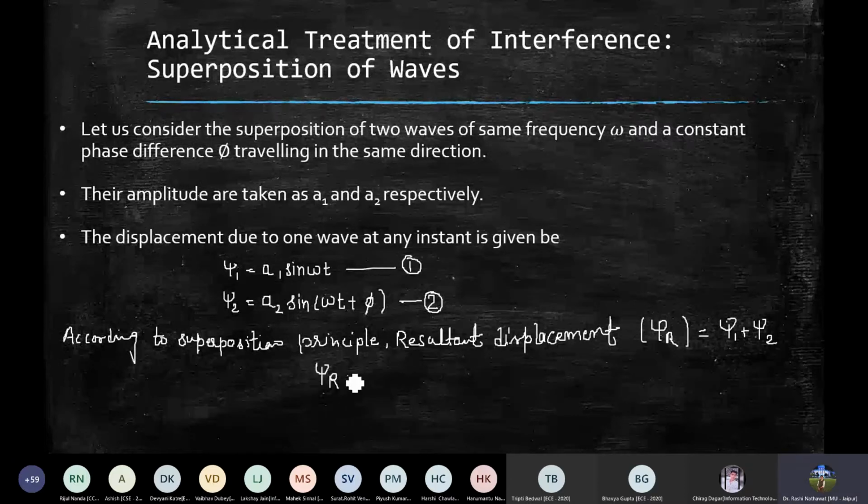So psi r will give you a1 sine omega t plus a2 sine. Very simple mathematics we are going to do here, and you will tell me now how to open this a2 sine omega t plus phi.